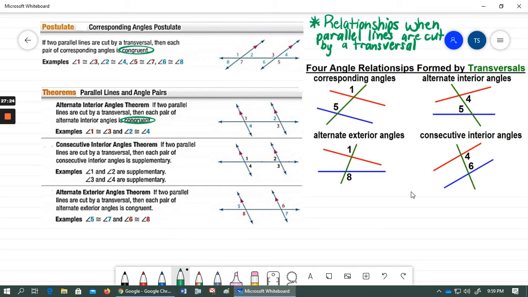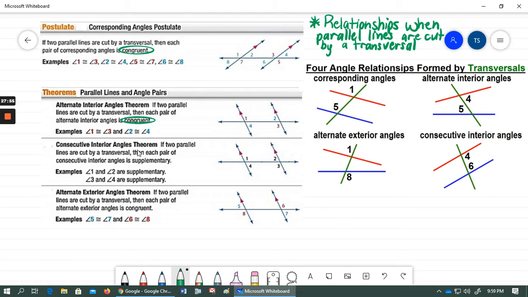All right, and the last type that we talked about that is specific to transversals and lines is alternate exterior angles. So folks, when we have two parallel lines, and I can't emphasize enough, only when we have parallel lines that are cut by a transversal, because that's what this whole lesson is about: exploring and letting you know what happens with the relationships when we have parallel lines cut by a transversal.